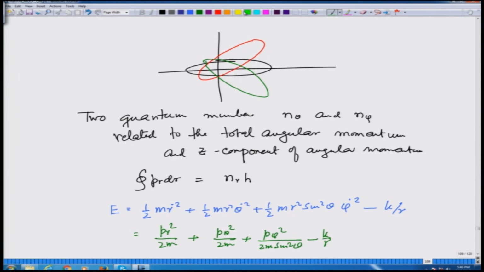And you can see from what we derived earlier, this is nothing but equal to P r square over 2 m plus L square over 2 m r square minus k over r.